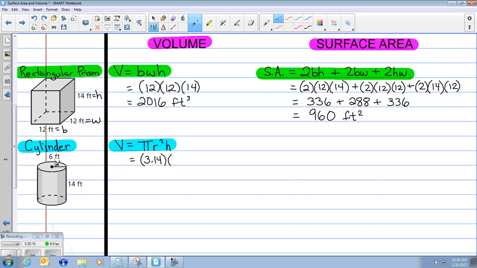And the radius of this circle is 6 feet. They have that labeled there for you. Sometimes they might give you the diameter and tell you that the diameter is 12, and you'd have to chop that in half and know that the radius is half of that. So I'm going to do 6 squared, and then I'm going to multiply by the height, which is 14.